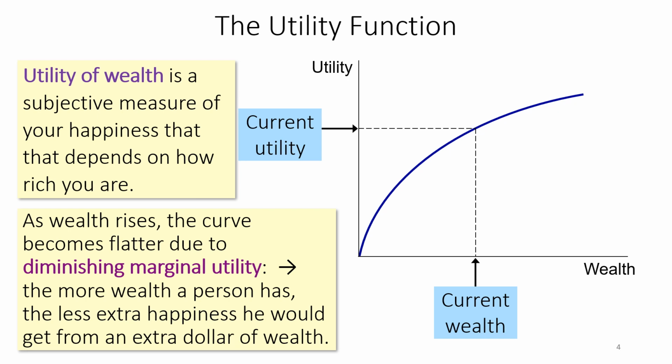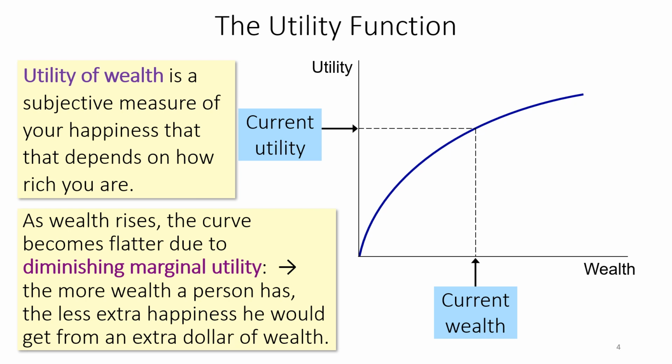Notice the shape of the curve tells us something. It says that as we increase wealth going from nothing to really rich, the utility that that person gets from each little bit of wealth, every $1,000, let's say, is less than the utility she got from the prior $1,000.